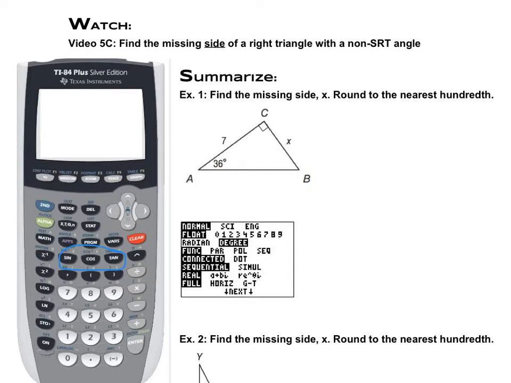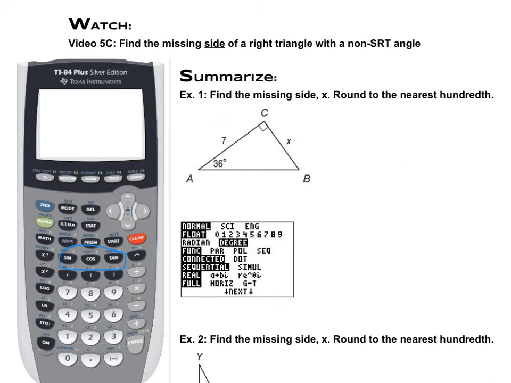Okay, so here's example 1, a typical setup for a right triangle trig problem where you are given the angle value in the corner, and you are given two sides, where one is an unknown and one is known.